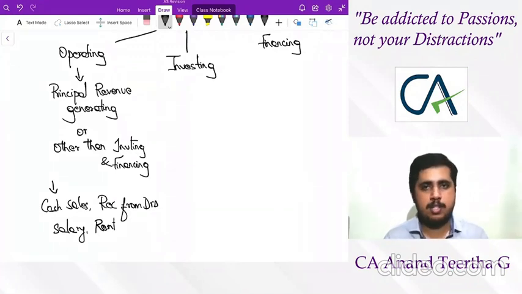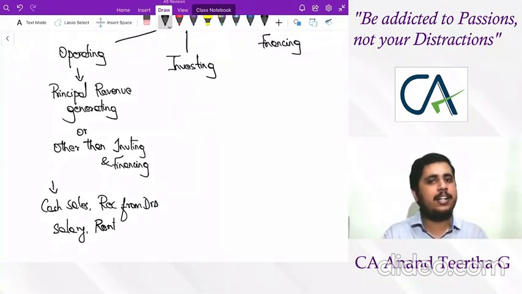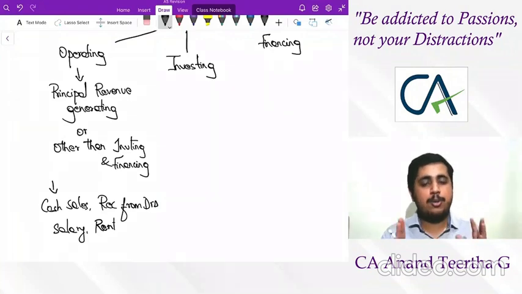Why? Principal business. For a trading concern, sales is their major business. So for them, interest is an extra income earned, and that will not be operating at that time. But for a financial institution, earning interest itself is their main business, which means that itself will become their operating. So you have to see from the business to business point of view.